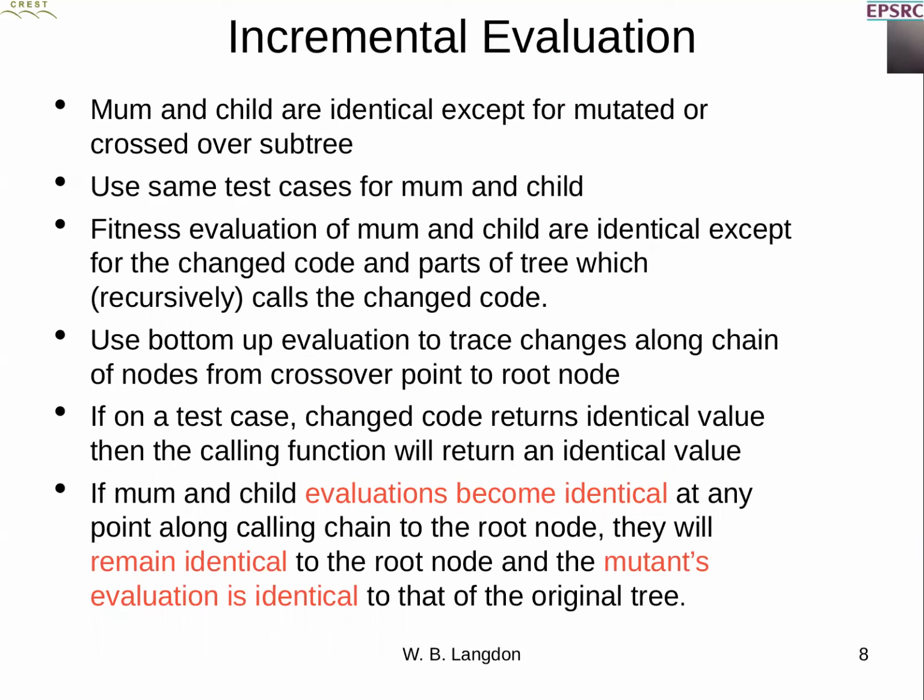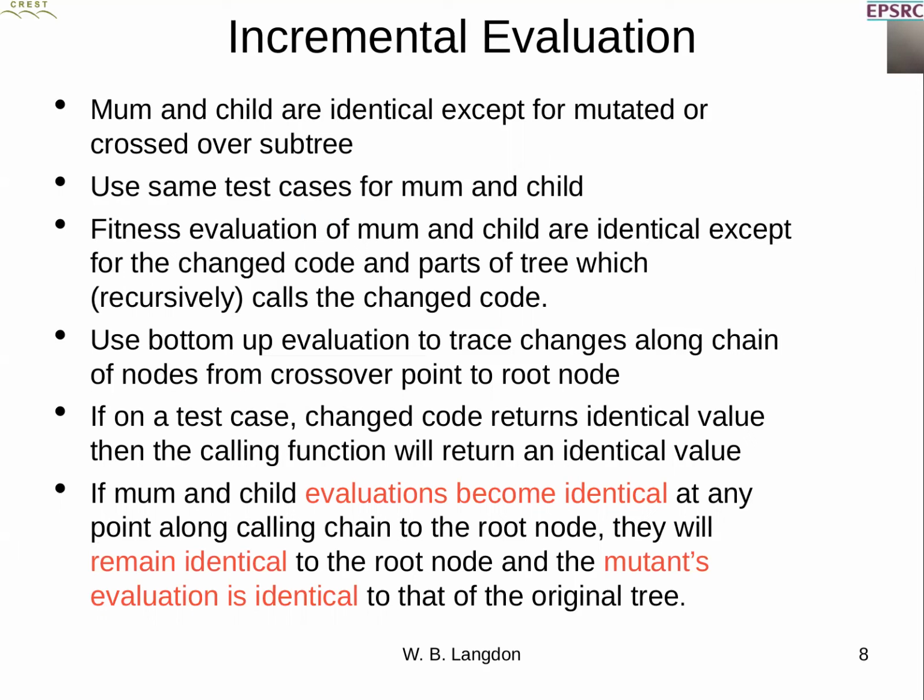And the fitness evaluation of the parent and child are going to be identical except for the change code, of course, and any part of the tree which depends on the change code. So if we start and do bottom-up evaluation from the crossover point to the root node, then all we need to do is consider changes along that chain.